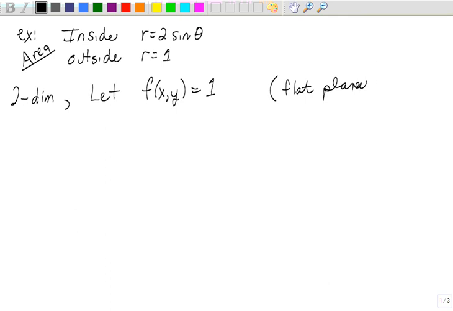It's a flat plane, since z equals 1 is parallel to the xy plane. So it doesn't matter where it is, it's still going to have the same area, whether it's in the xy plane or whether it's 1 unit above it. Doesn't matter.